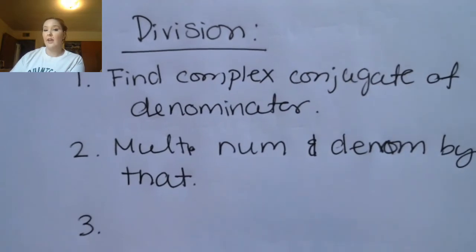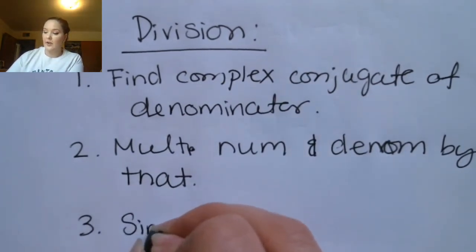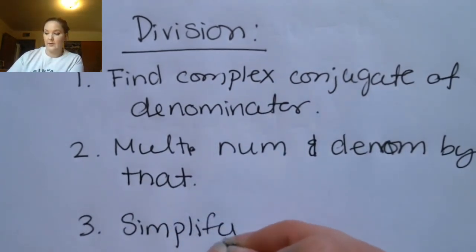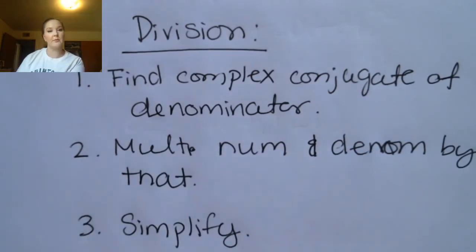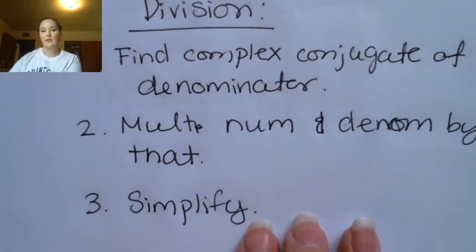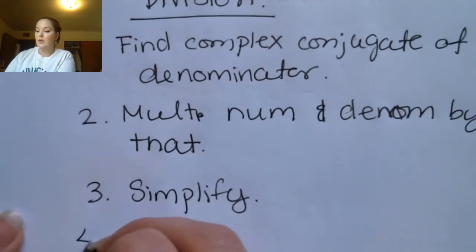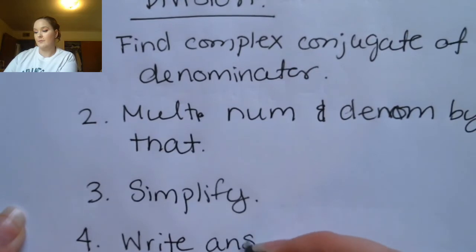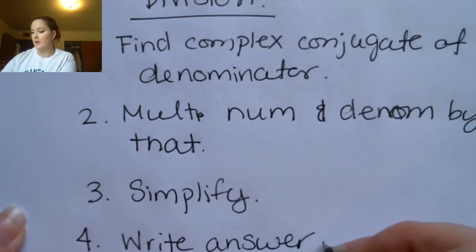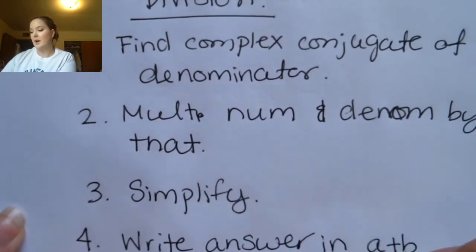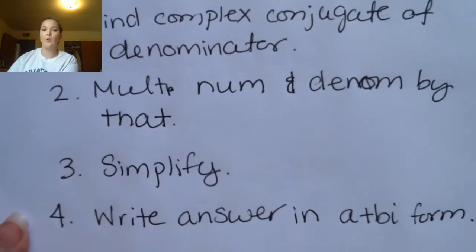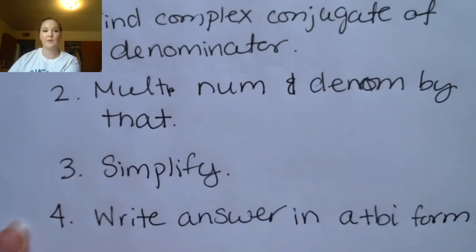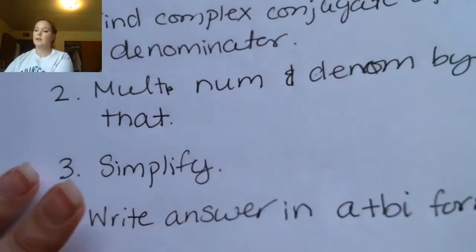Okay, and then you're going to simplify. Just like we saw with the multiplication before, there's going to be some simplifying. And then the very last step is to write your answer in the a plus bi form. Okay, and we're going to remember that we're always writing our complex numbers in this form. Okay, let's see an example of how to do this.